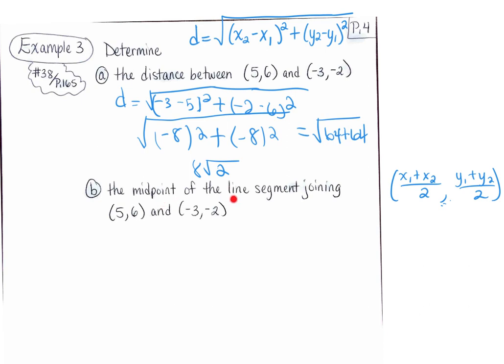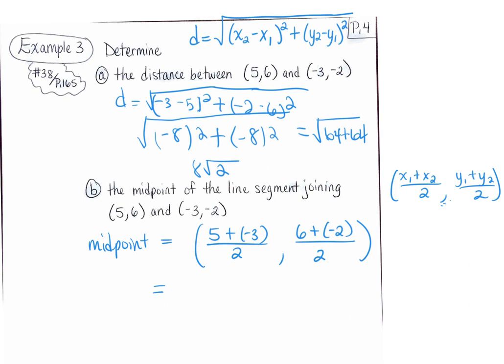Part B. The midpoint of the line segment joining 5, 6, and -3, -2. We use the midpoint formula to find it. So we get that the midpoint is equal to 5 plus negative 3 over 2, comma, 6 plus negative 2 over 2.